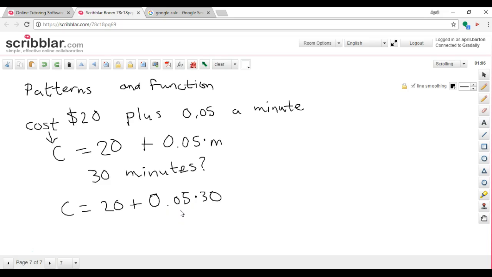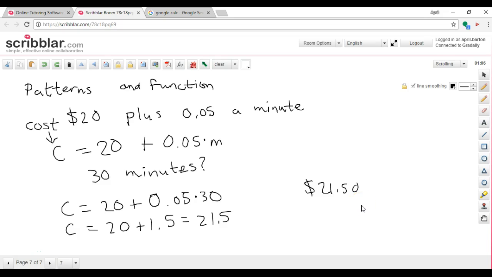So 0.05 times 30, I'm going to do this in my handheld calculator so you can still look at this screen. 0.05 times 30 is 1.5. So 20 plus 1.5. Now we do the addition. That's 21.5, or in context of the problem, $21.50.